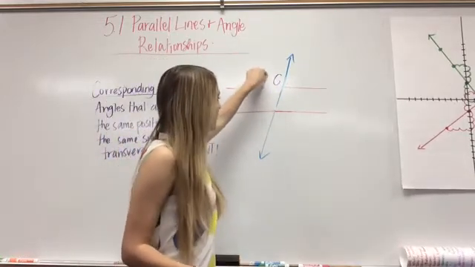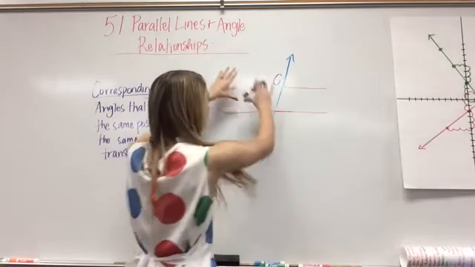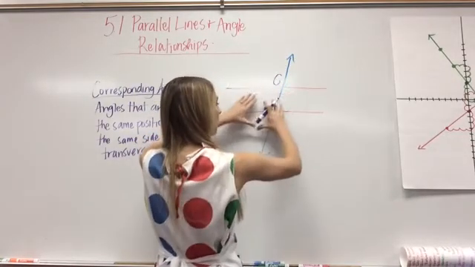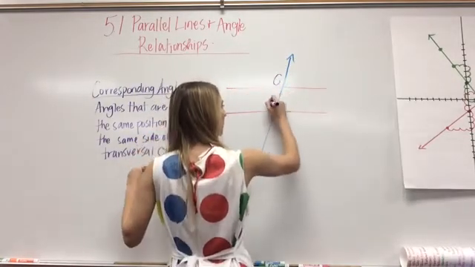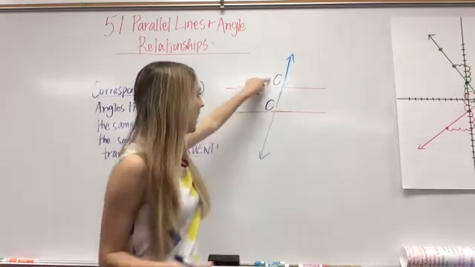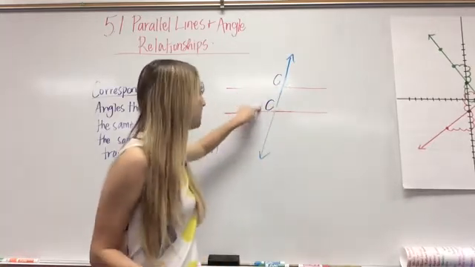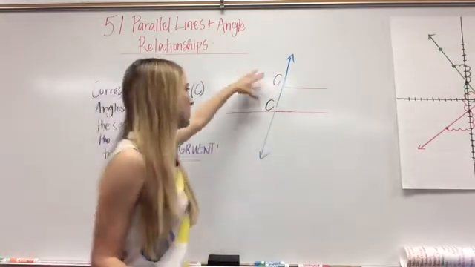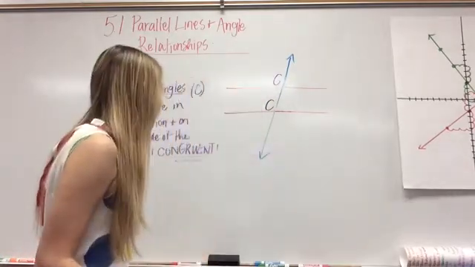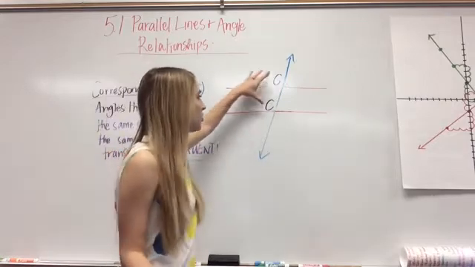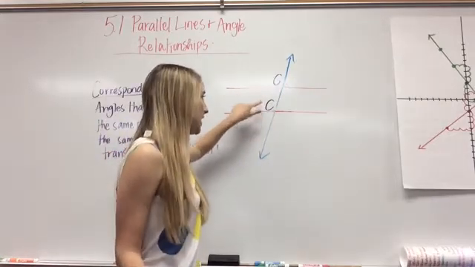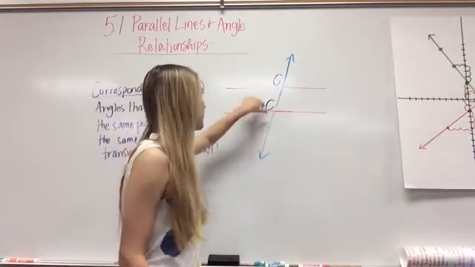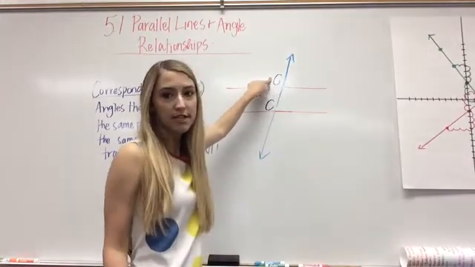So if I look at this, this is in the top left-hand corner of this section. So when I go down to this section, I'm also going to put a C right here. So as you can see, these two are in the exact same position on the same side of the transversal. So these two are corresponding angles. And that means that these two are congruent. So if this was 100 degrees, then this is also 100 degrees.